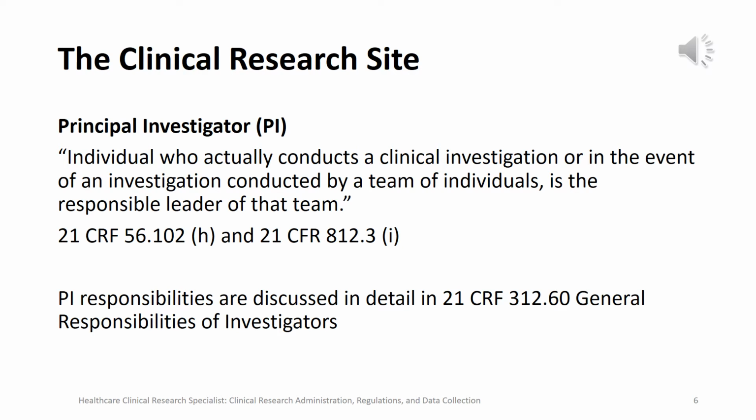The principal investigator is going to sign the FDA form 1572, which is the contract between that investigator and the FDA, that they will conduct the trial in accordance with the sponsor protocol and with the GCP regulations and guidelines. So that's important to understand.